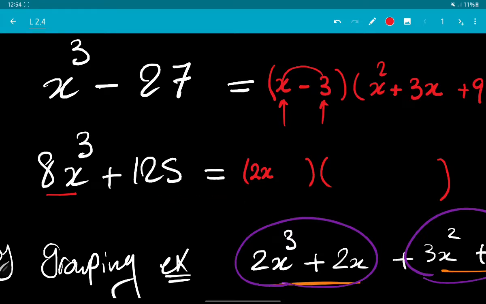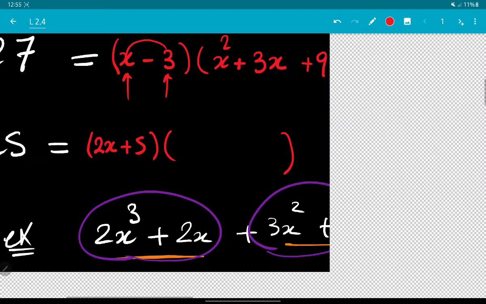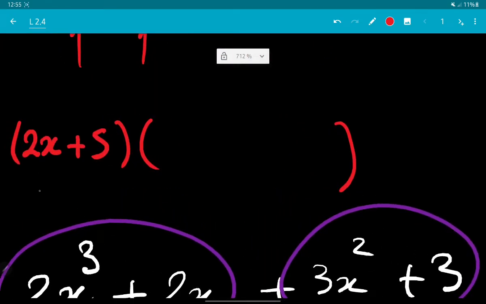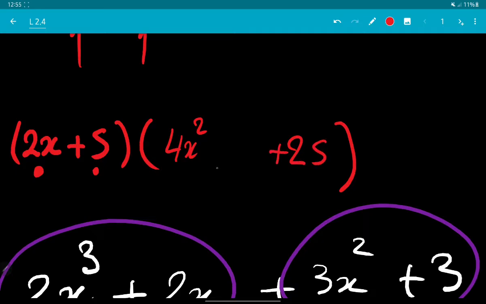So it's 8x power 3, sorry. 125 will give you positive 5. Now the big bracket. Multiply the first by itself, which is 4x squared. Multiply the second by itself, which is 25. How about the middle one? Multiply them together. 2x multiply 5 is 10x. And the sign is different than the first bracket.